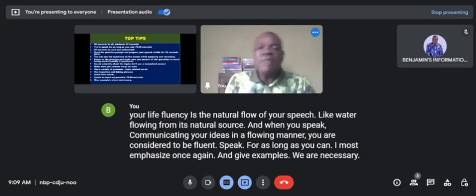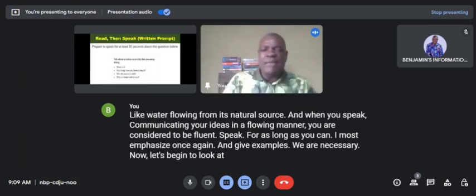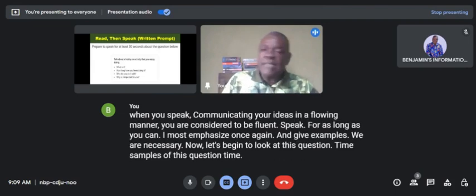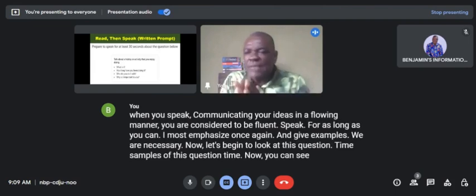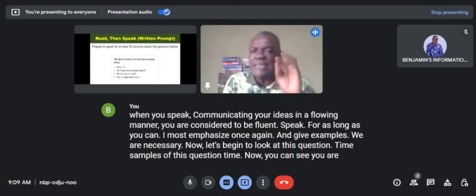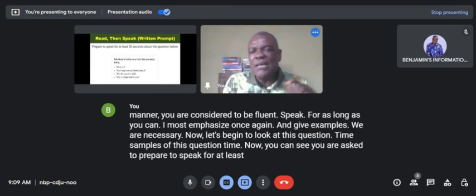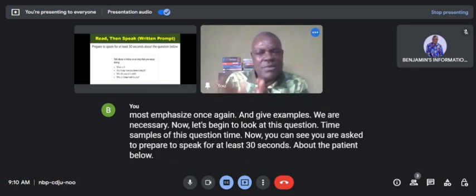Now let's begin to look at samples of this question type. Now you can see you are asked to prepare to speak for at least 30 seconds about the question below. Some students get confused here.